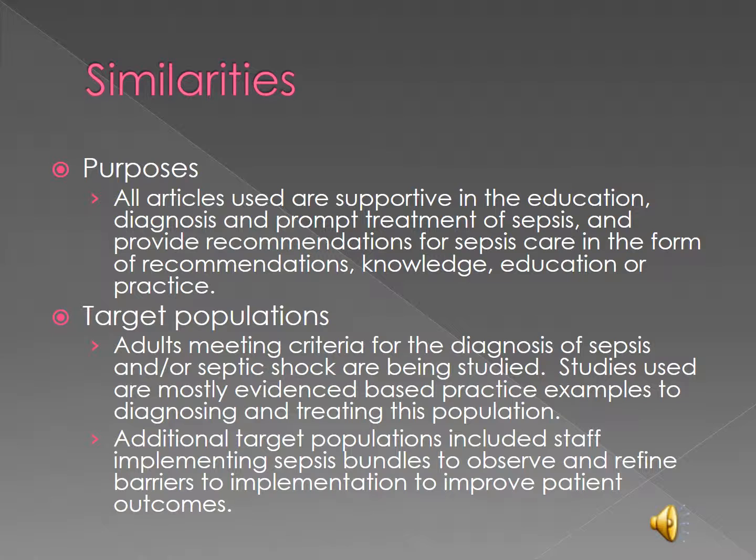The target populations I used were specifically just adults meeting the criteria for the diagnosis of sepsis and septic shock. There are a lot of evidence-based practice journal examples that I used, and I also included target populations that included the staff that would be implementing these sepsis bundles, whether it be nurses, physicians, or a team-based approach.